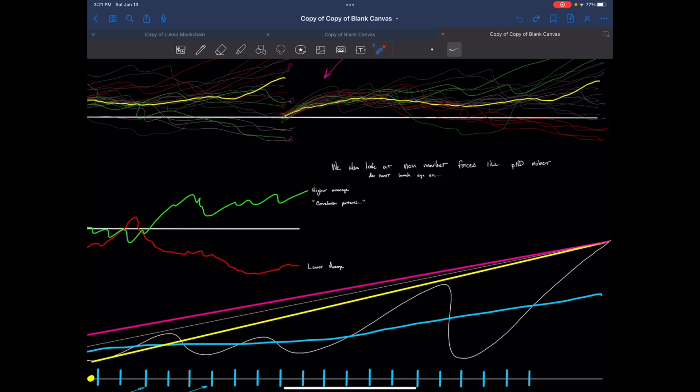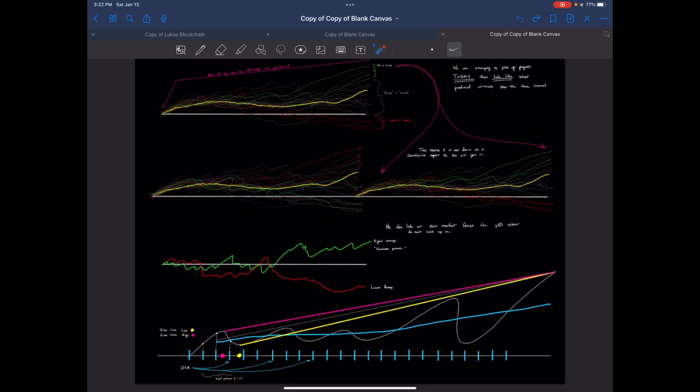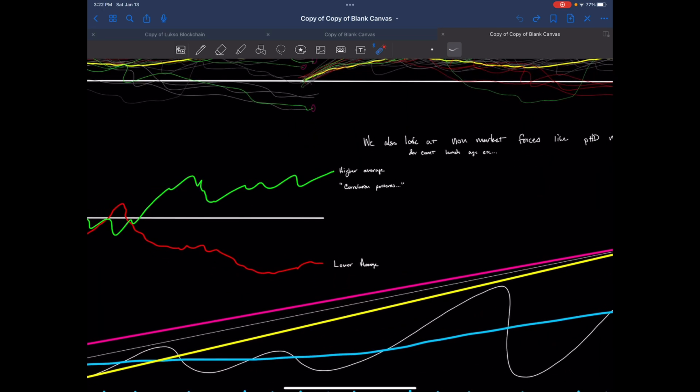So now also we look at non-market forces like PhD number, the number of PhDs inside the project, the ratio of PhDs to the number of people, etc. Various different aspects that we look at, and we find correlatives there for these non-market forces, these other metrics.